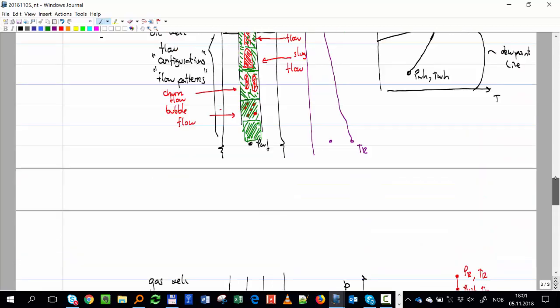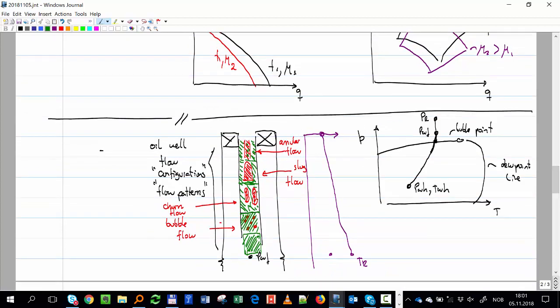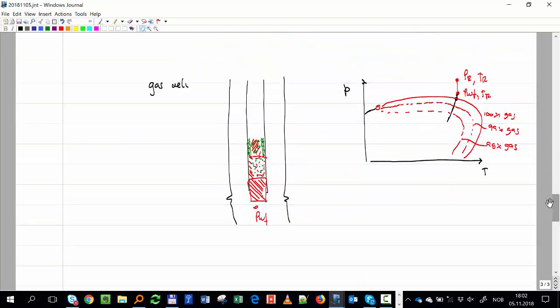When the liquid is already big enough, what happens? We are now very close to this case, but going from here down, instead of going the other way. So we can have this intermittent flow: the liquid is so much that all the gas is traveling in a batch, and the liquid is traveling in another batch.